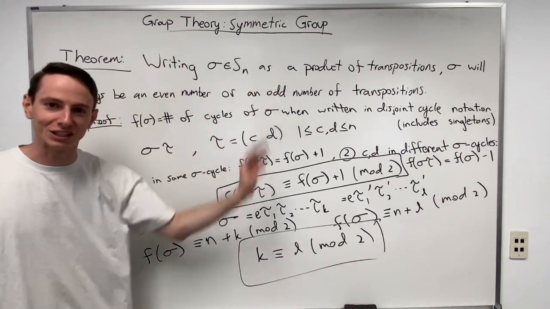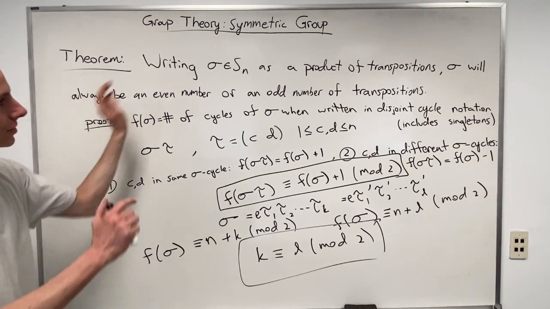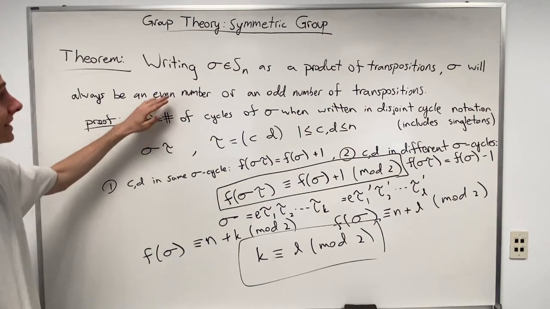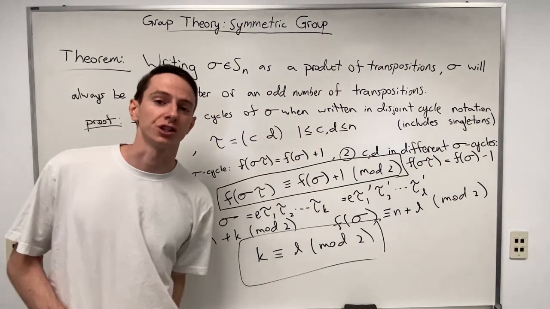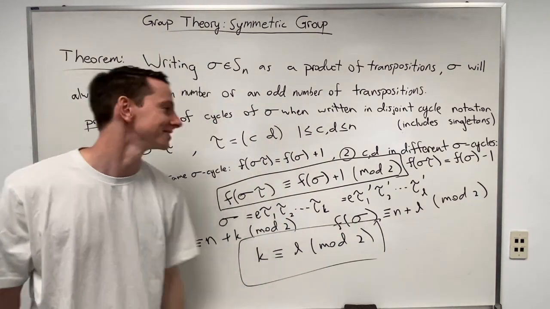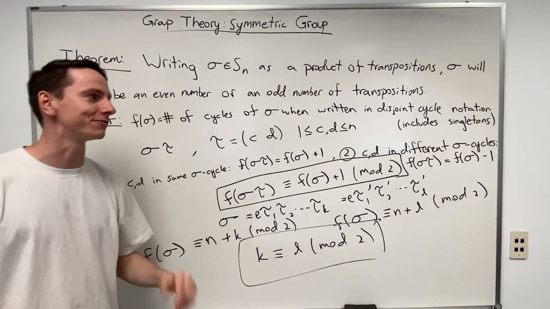And let's maybe just read this to make sure we understand what we just proved. So regardless of what permutation we have, it can always be written as an even number or an odd number of transpositions. And now we get to the grand finale, I guess, for this video. How do we define the sign function?